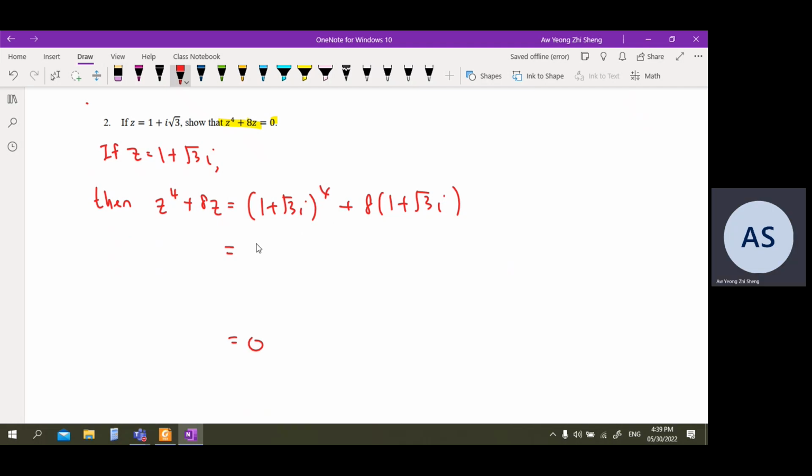Okay, so this one we just apply binomial expansion. Okay, we have a leading one, and so the expansion will be not as messy.